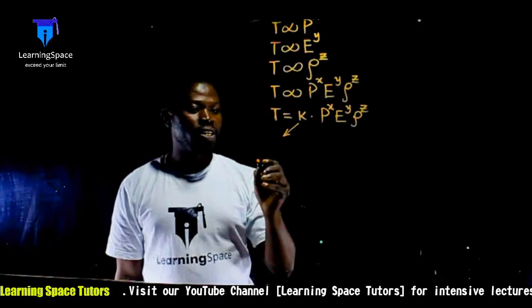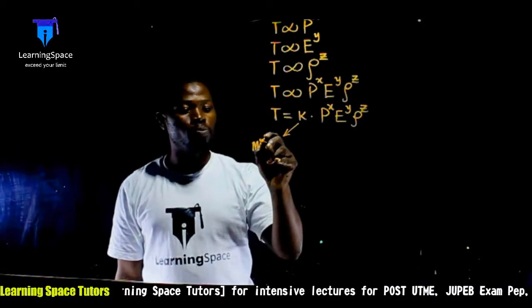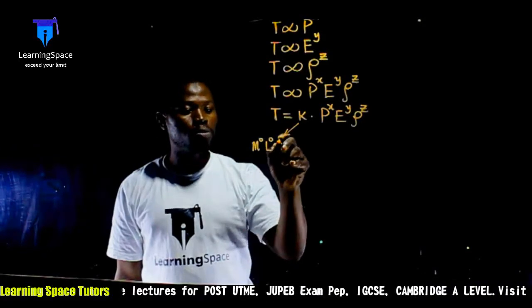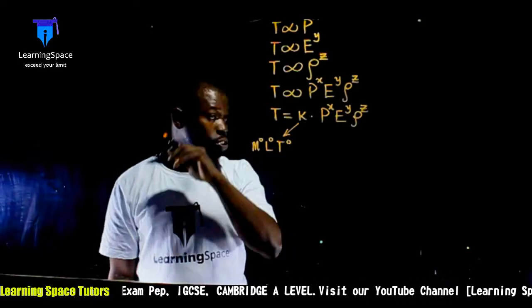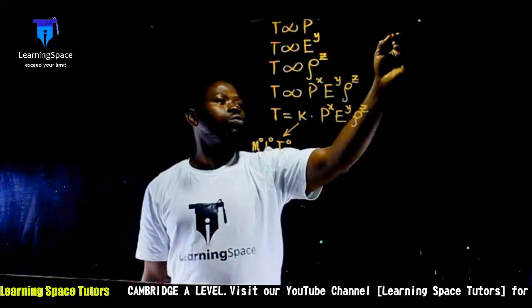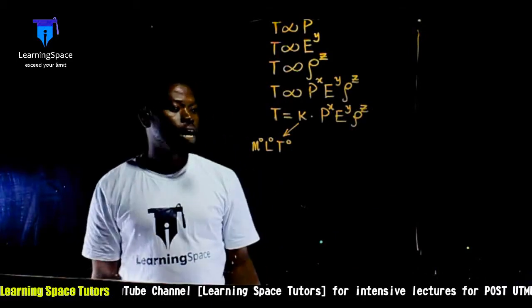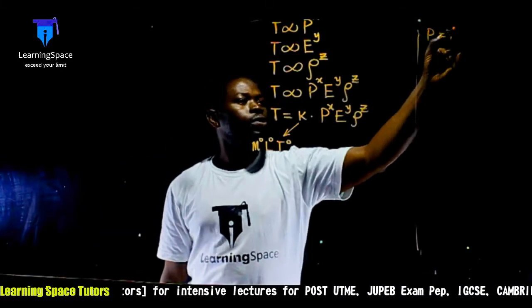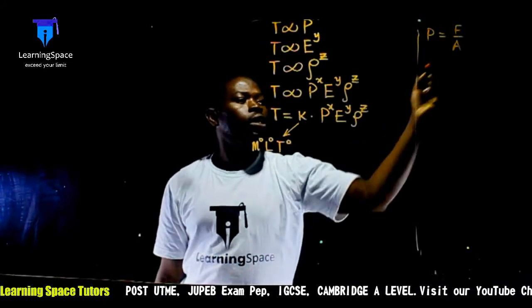So if it is dimensionless, the dimension is M raised to power 0, L raised to power 0, T raised to power 0. Now, what is the dimension for pressure? Pressure, as we know in physics, is force per unit area.